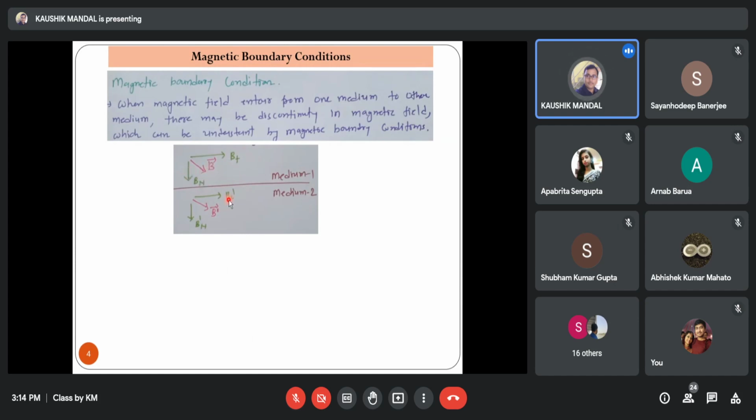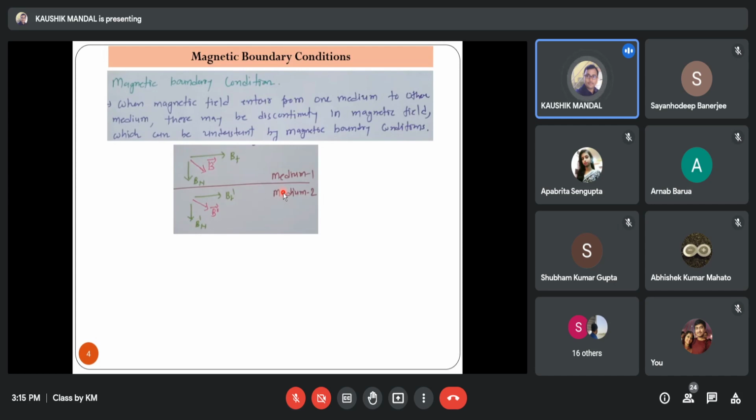I am not going to discuss what the normal and tangential components are, because we have discussed them in detail: the normal component is perpendicular to this interface, and tangential means parallel to the interface of the two media.